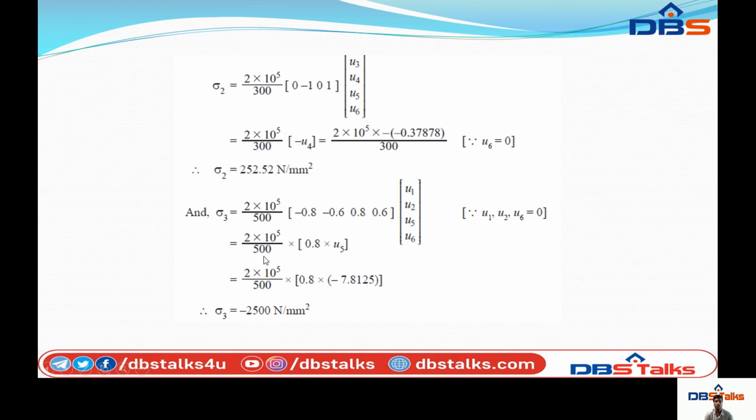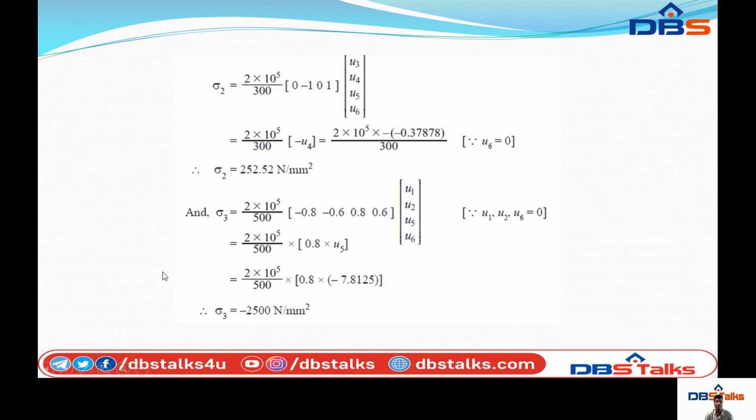For element 2, the stresses will be taken with unknown nodal displacements from U3 to U6. E by L, the length for element 2 is 300. Here I am calculating the values of U4 and U5, because U6 has been taken as a boundary condition. Sigma 2 equals 252.52 Newton per millimeter square.